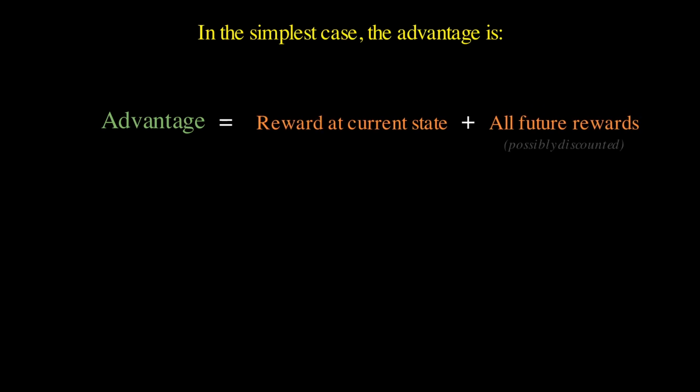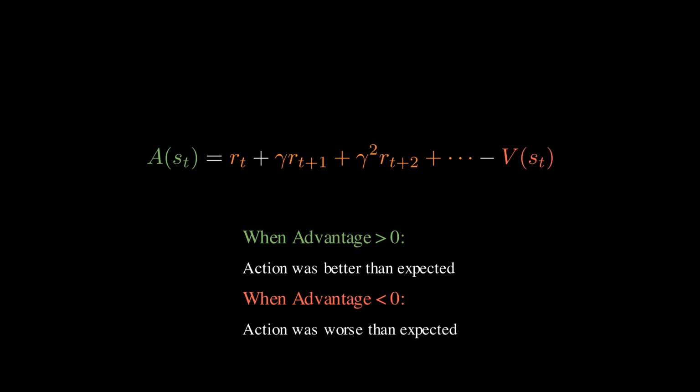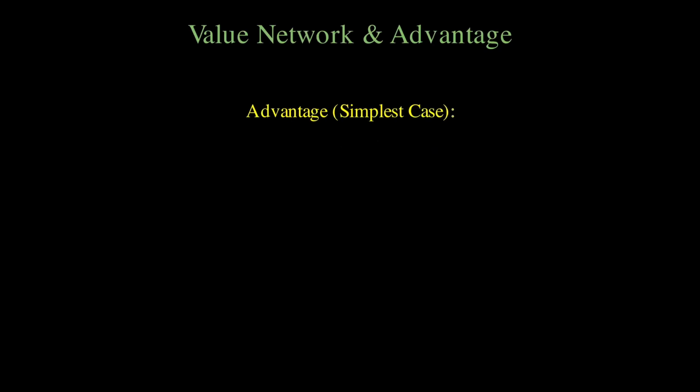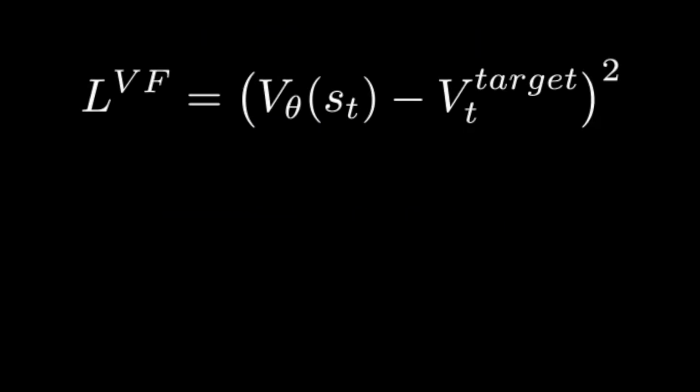Then one can imagine that in the simplest case, the advantage is the reward at a current state plus all future rewards, which one may discount even, minus then the value at a given state. Notice that this is the reward at the current state plus the value at the next state minus the value at this state. Then, to train this network, one could make it optimize the square distance between the actual rewards and its predicted value. This is called the value loss.